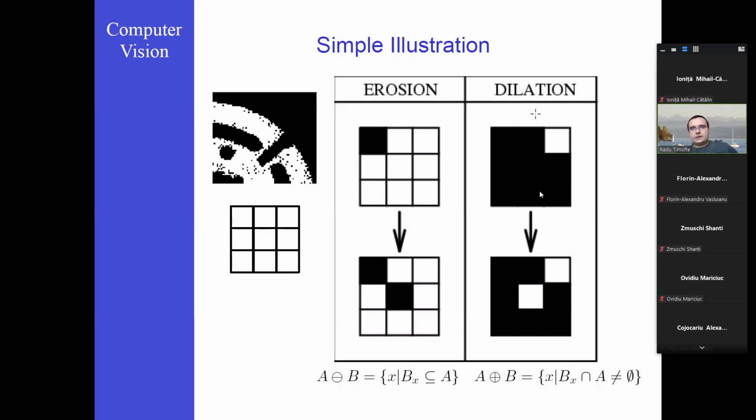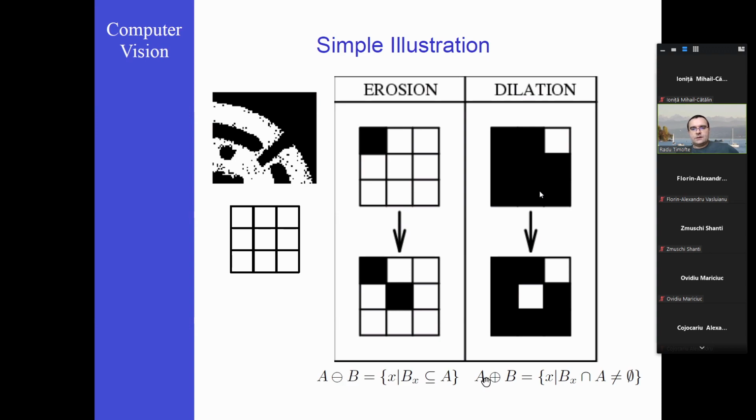And in the dilation case, with the same structural element, we are ending up with these points here. In the dilation case, we are turning all the pixels in the background when the structural element is overlapping some pixels in the foreground. So we are just doing this.